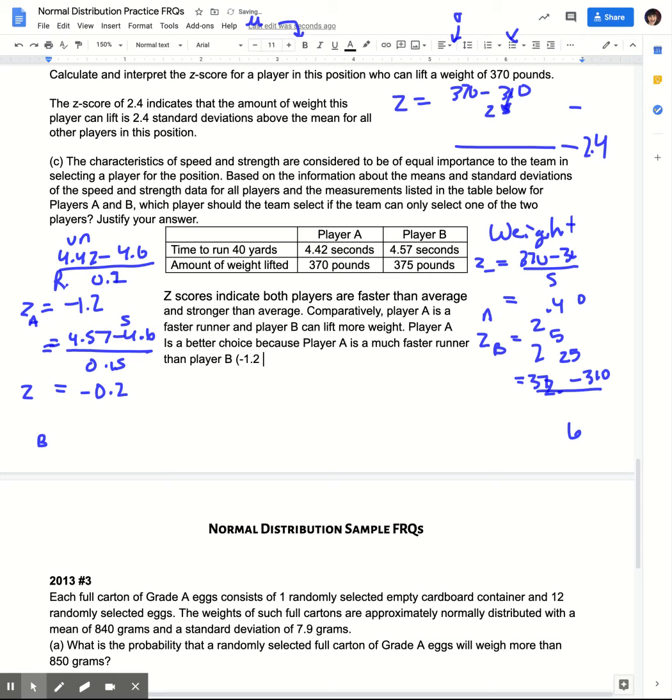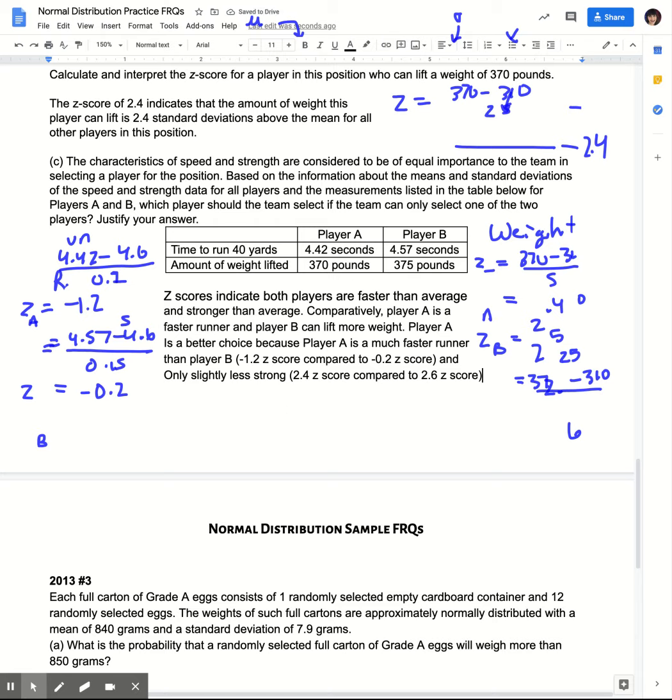A negative 1.2 z-score compared to negative 0.2 z-score, and only slightly less strong, right? A 2.4 z-score compared to 2.6 z-score. All right, so that would be my justification.